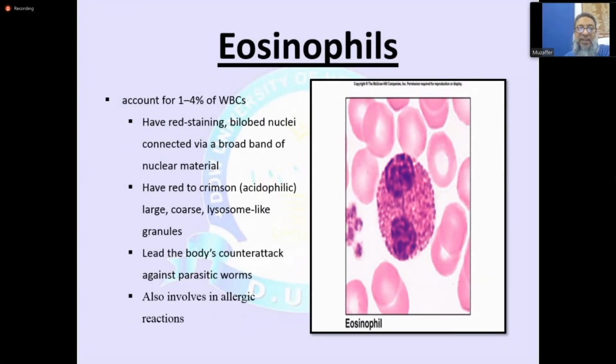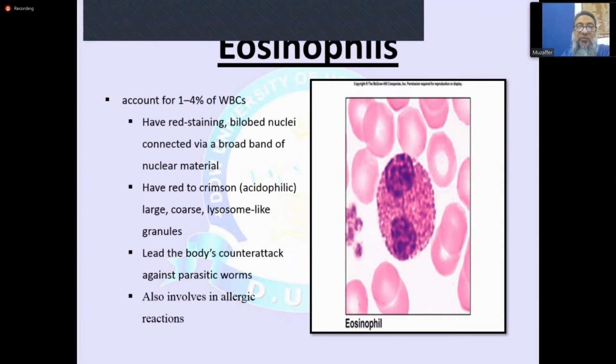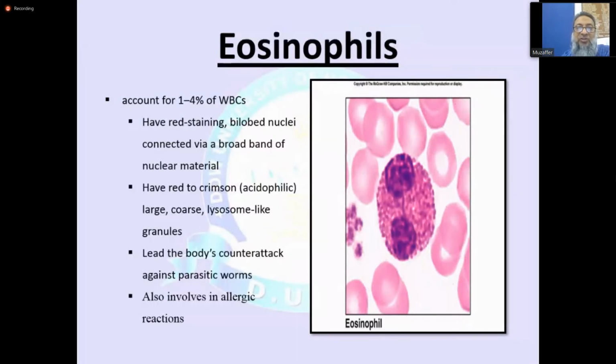Whenever there is an allergic reaction in the body, the number of eosinophils increases. So this is a very typical and characteristic feature of eosinophils: whenever a person has an urticarial rash on the body, a parasitic infection, or an allergic response, you go for the blood picture and you will see an increased number of eosinophils.